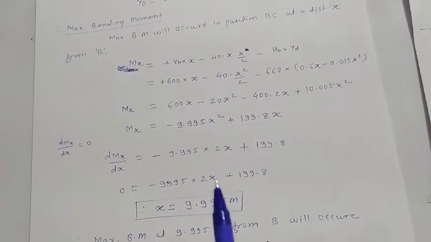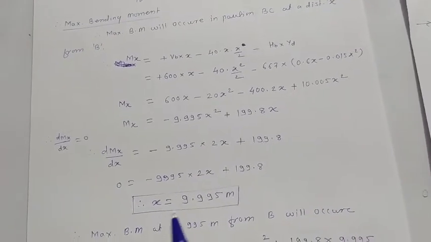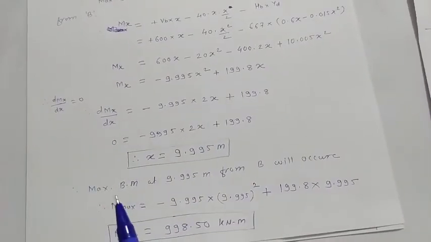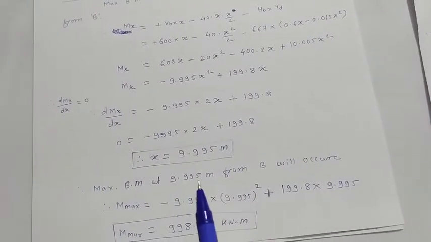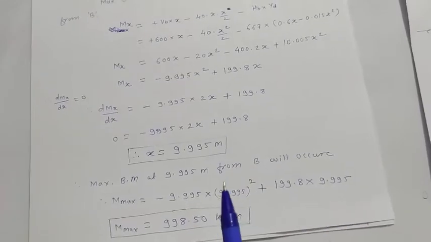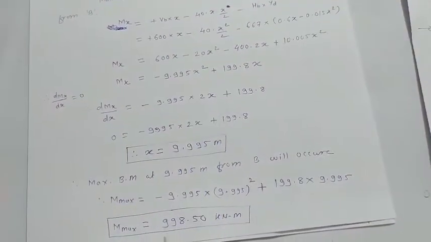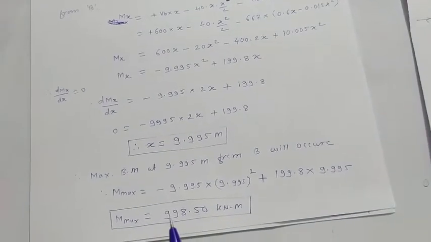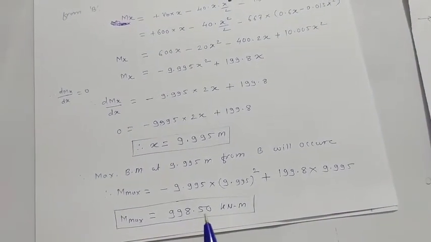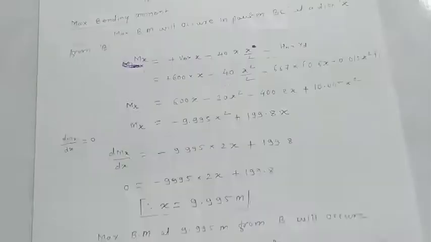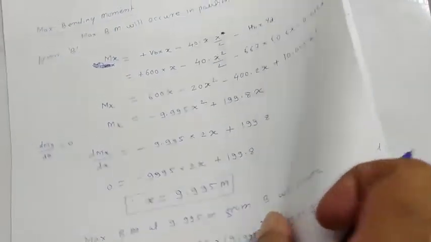If you solve this equation, you will get the value of x, 9.995 meter. So the maximum bending moment will occur at 9.995 meter from B. If you put the value of x in the above equation, you will get the value of maximum bending moment, that is 998.50 kilonewton meter. This one is the positive maximum bending moment.